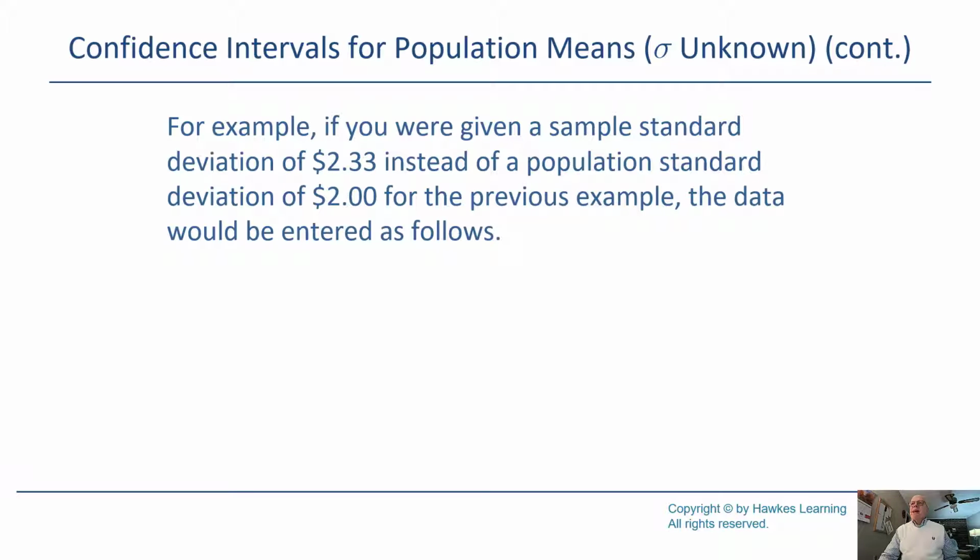You're given a sample standard deviation. Notice you didn't know the population one. That means immediately you're on T alert, shall we say. That means this is S, not sigma. You don't know this, and you enter the data like this.